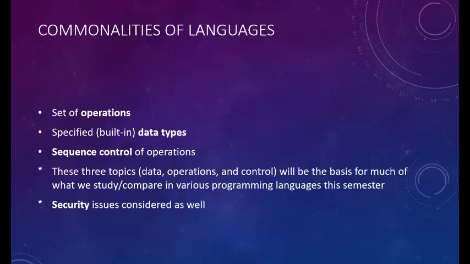Sequence control of operations are fairly standard for imperative languages, but not so for the logical languages. These three topics, data, operations, and control, will be part of the basis for much of what we study and compare in a variety of programming languages this semester. And of course, security issues will also be considered.